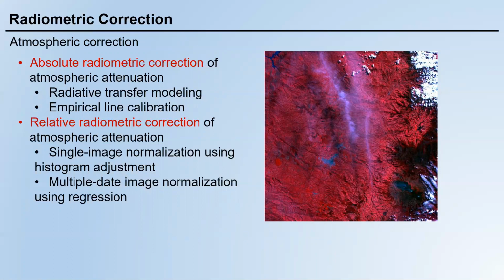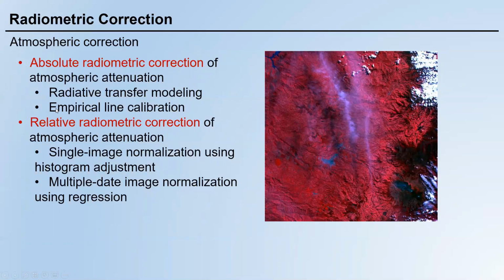We need to know the mechanism of atmospheric attenuation, or the interaction between EMR and all those materials and particles in the atmosphere. This is called radiative transfer modeling. These are rational models.